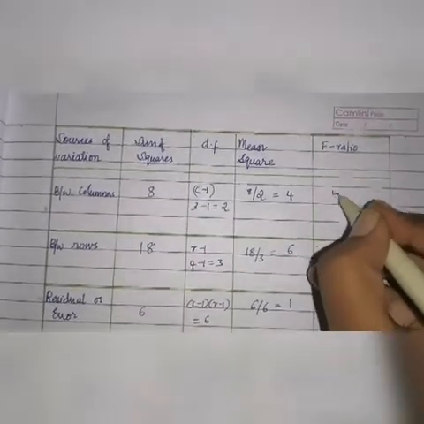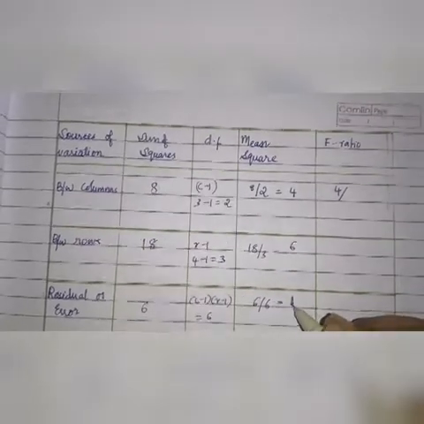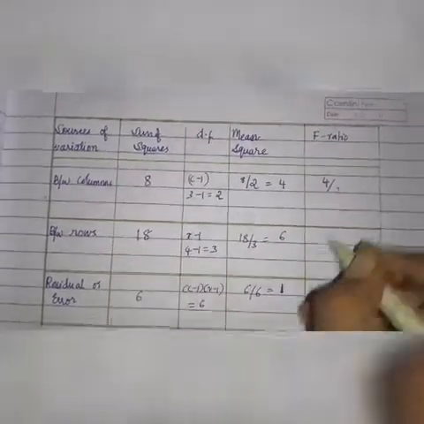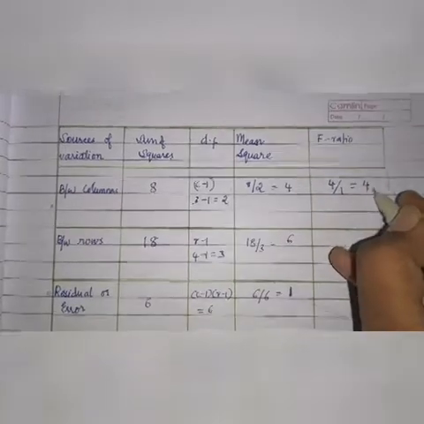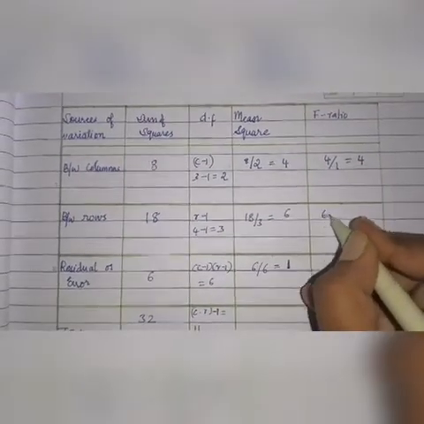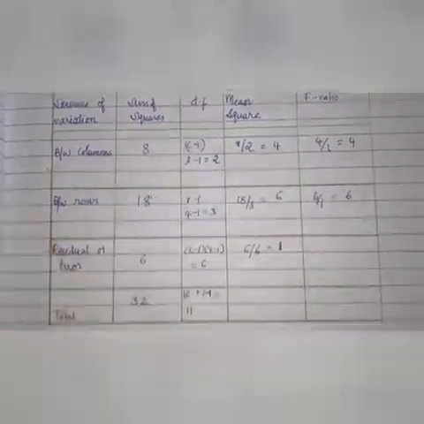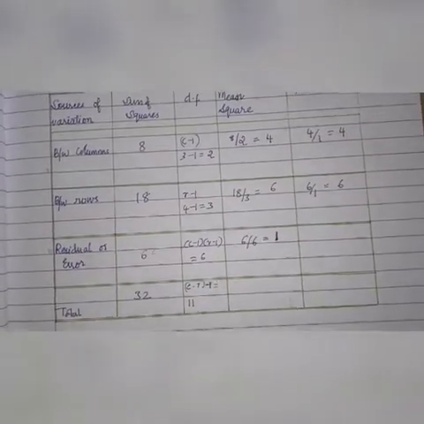So this becomes 4 by the residual error mean square 1, which is equal to 4, and this becomes 6 by 1, which is equal to 6. The F ratio for the column is 4 and for the rows is 6.